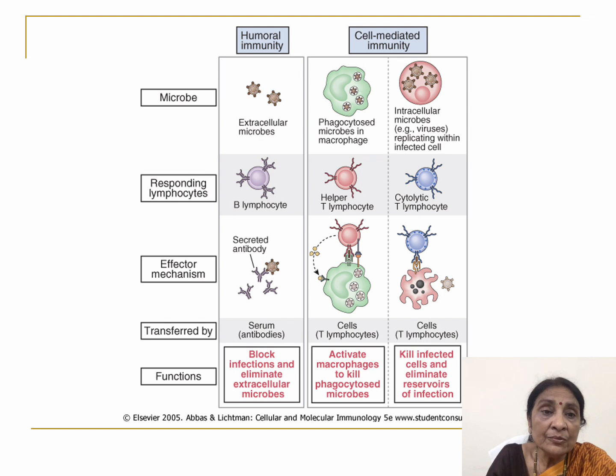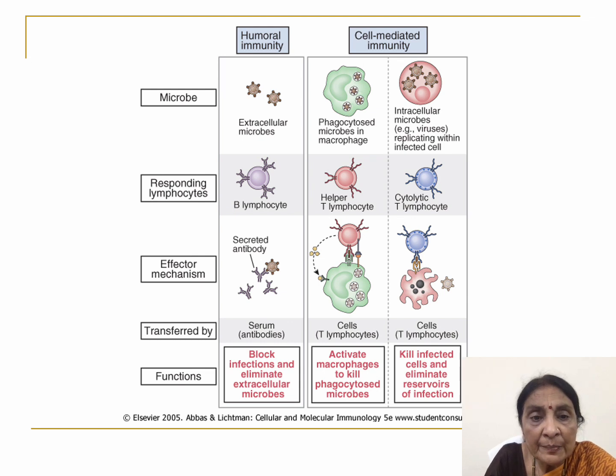Now here, if you see how the humoral and the cell-mediated immunities work, in the first column is the humoral immunity. When extracellular microbes come, the B lymphocytes get stimulated, antibodies are secreted, and they block infection and eliminate extracellular microbes.